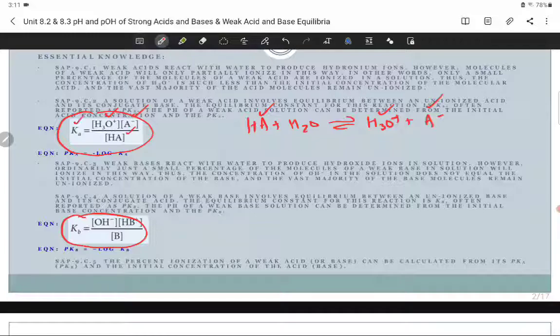You could do the same thing with the base. They just use different letters and so forth. But you can do ICE tables, and we'll probably get away from writing the ICE tables, but they're typically going to look like this.